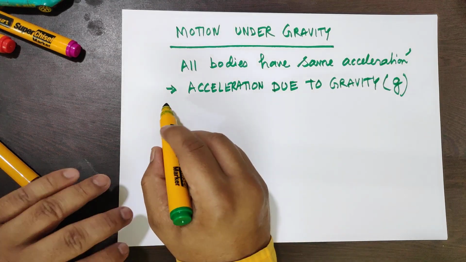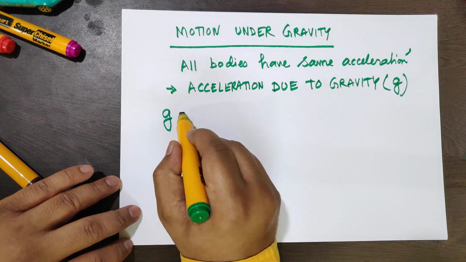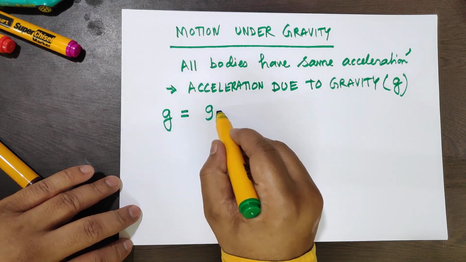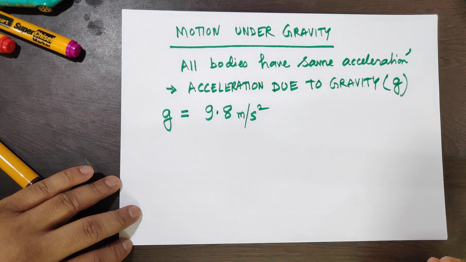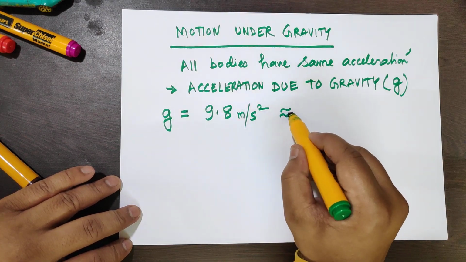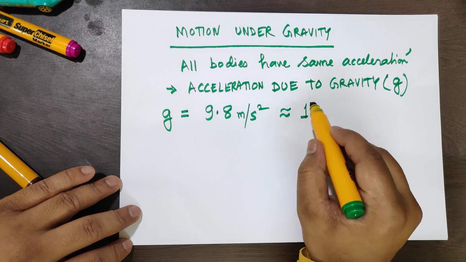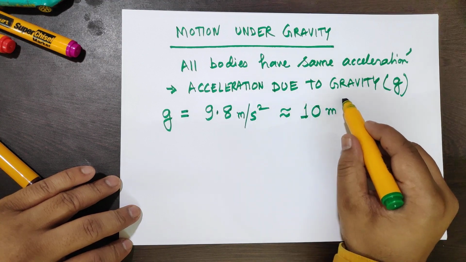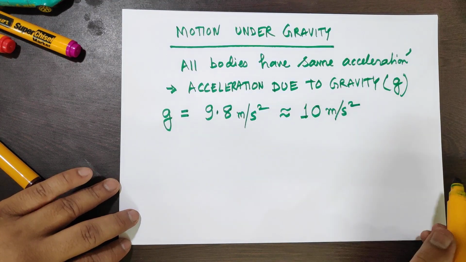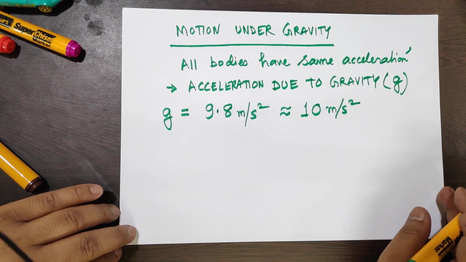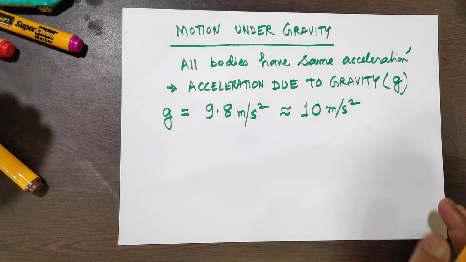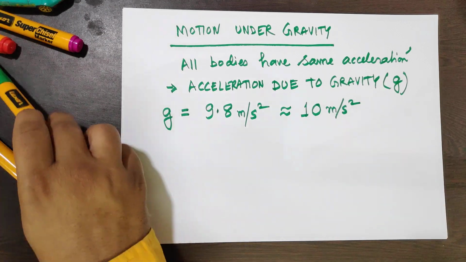And the value of g is equal to 9.8 meter per second square. Often we approximate it as 10, useful for problem solving. In most of the cases we will approximate it to be 10 meter per second square, right?